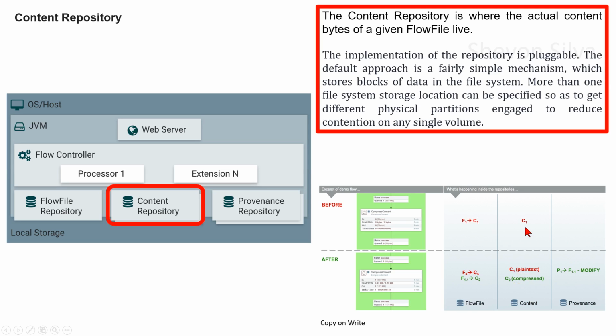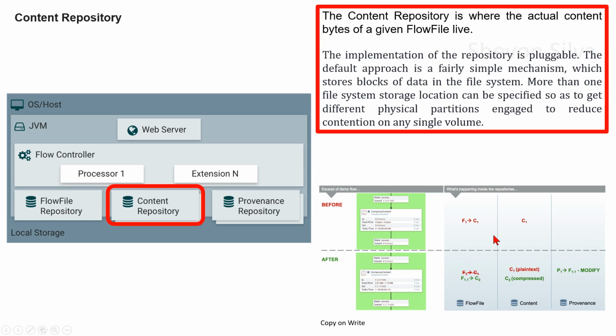Since C1 is immutable and we want a full replayable provenance history, we can't just overwrite C1. In order to modify C1, we do a copy on write, which we accomplish by modifying the content as it is copied to a new location within the content repository.